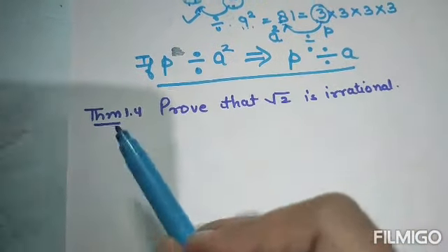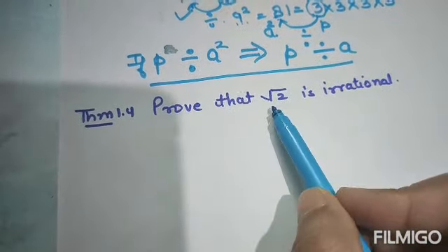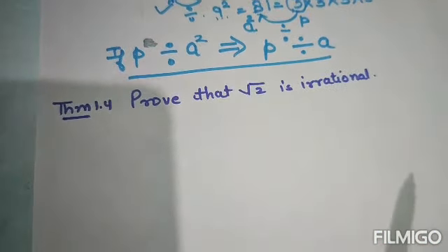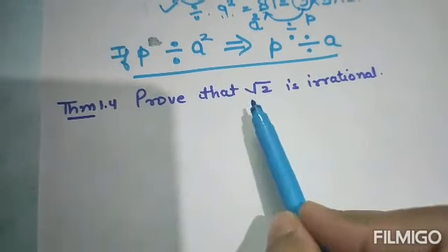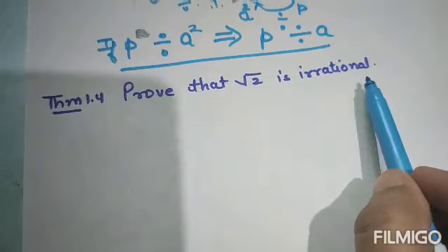So look what we have to prove in our next theorem 1.4. Prove that root 2 is irrational. Look, we have studied what irrational numbers are, and we also know that the square root of 2 is an irrational number.